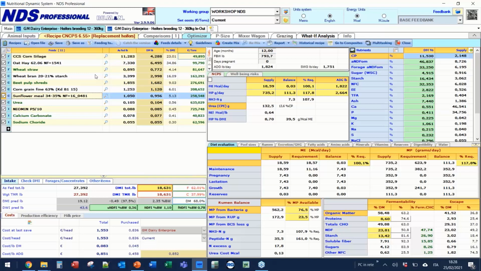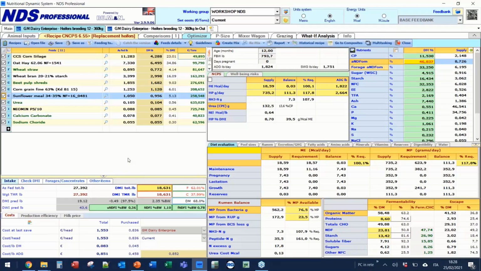Based on this, we can monitor other parameters of the diet. In this case, we have 16.5% of starch, 62% of forage, so no problem in terms of NDS.